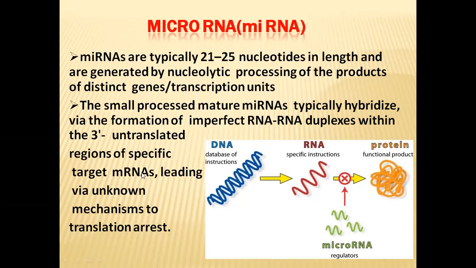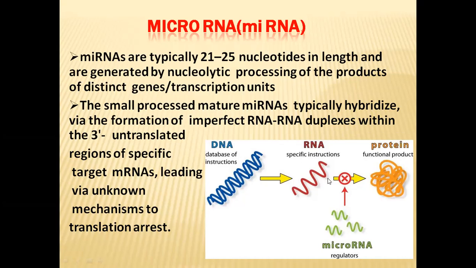Later this microRNA splices the mRNA. In that way, it ensures that protein synthesis is not done. Here we can see this is DNA, this is mRNA, and this mRNA will enter the translation process. Finally, it will give the protein product, the final product.